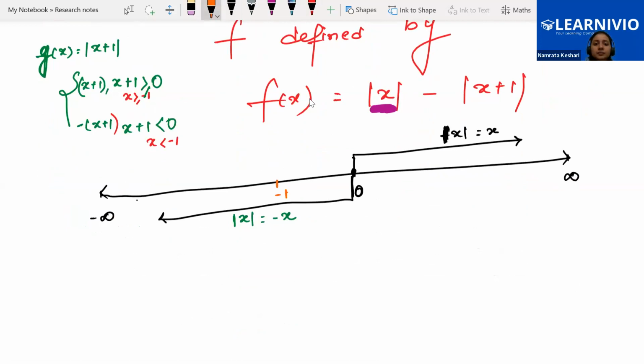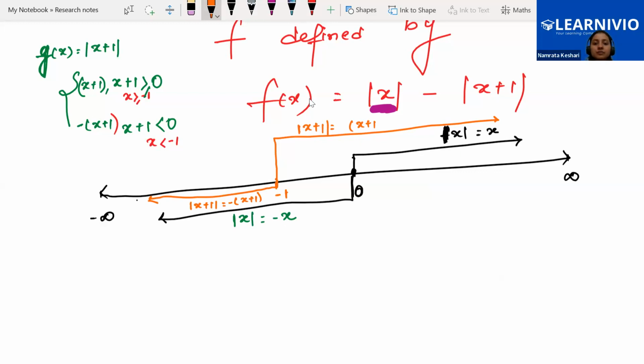When x is more than minus 1, then for mod of x plus 1 it will just generate the result as it is, x plus 1. And when it is smaller than this, the result for mod of x plus 1 will be minus x minus 1. Any confusion so far, Fatima?